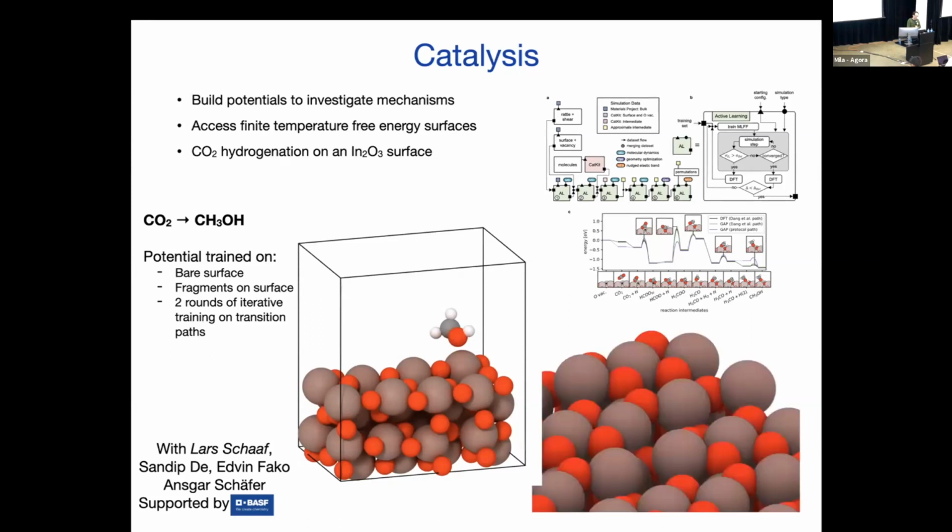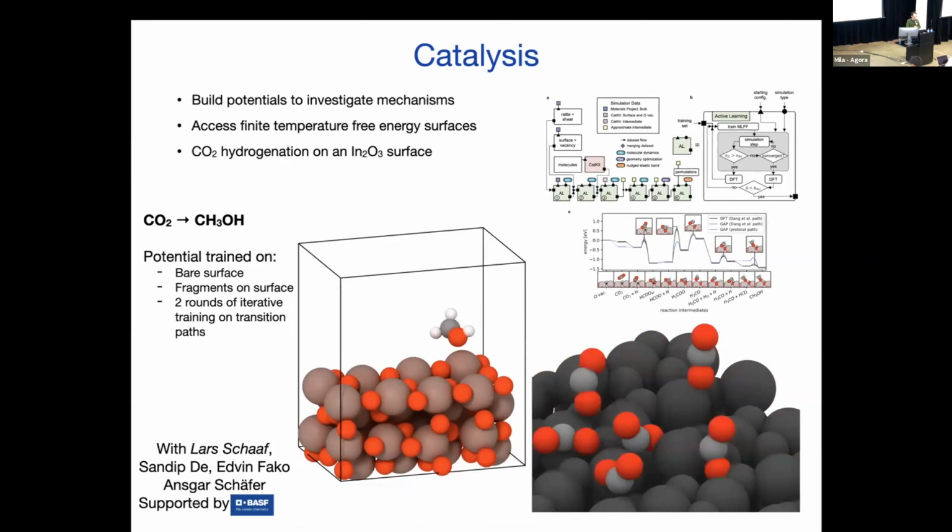The other thing you can do is ask, do people even know how these fragments adsorb on the surface? So here's the adsorption site of carbon dioxide on the indium oxide surface as optimized with the very expensive DFT method. But now we have a fast potential. So actually we can do many such optimizations.